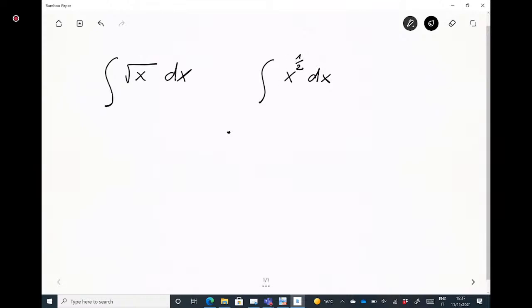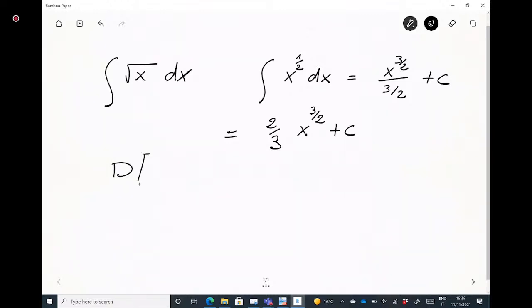So we reduce the exponent by 1. But this is not the end of the story, of course, because there is also a constant that comes into play here. So basically, we have to apply the rule: increase the exponent by 1, divide by the same exponent increased by 1, add an arbitrary constant, and this is the result. Why is that?